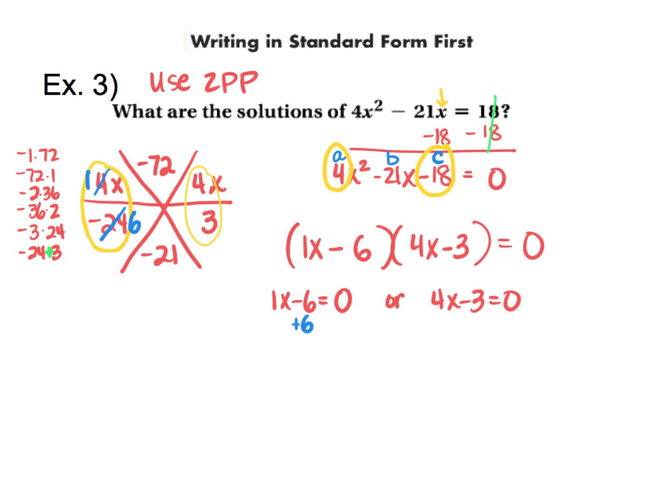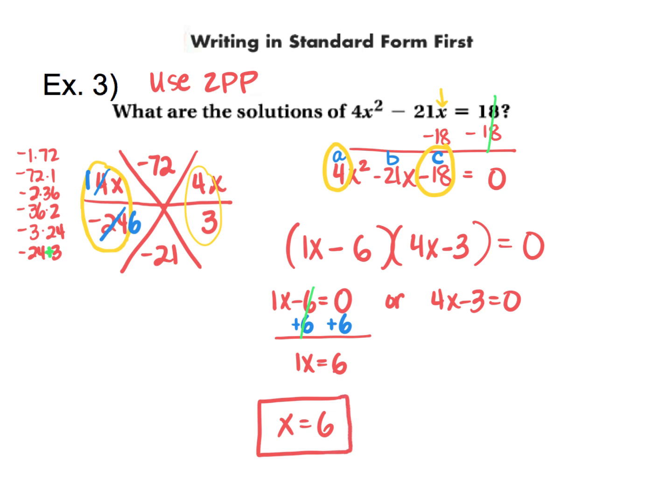So we add 6 so that we can balance out the negative 6. We add 6 on both sides. The minus 6 and the plus 6 cancel each other out. We're left with 1x equals 6. So our first solution is that x must have a possible value of 6.